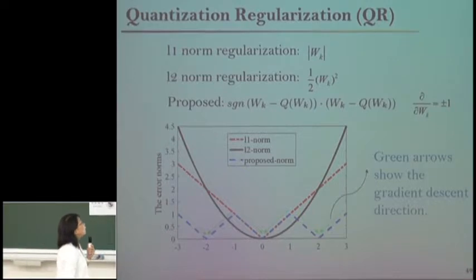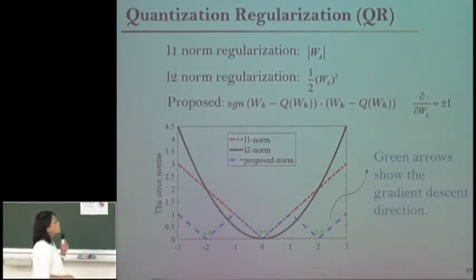L2 norm regularization uses the weight squared to penalize the error, and it's represented by this red curve. The slope is steep when the weight is big but slows down when the weight is small, so L2 tries to get more weights crowded in small values.